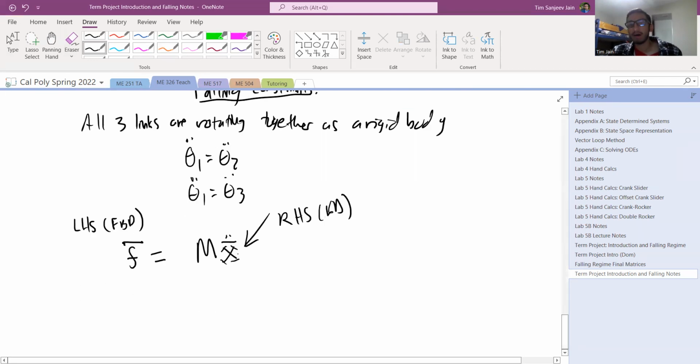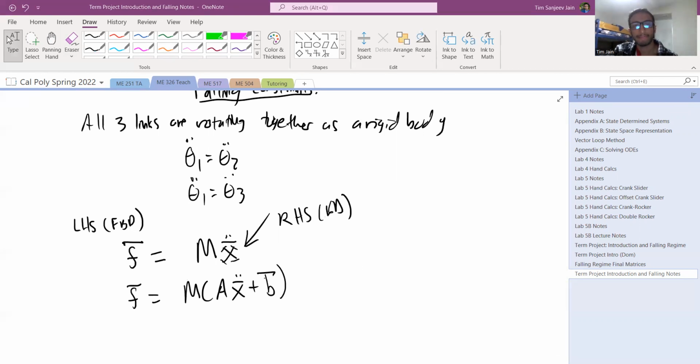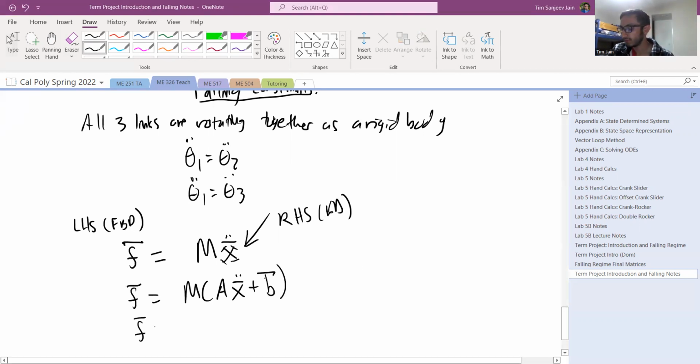So what we want to do is expand chi double dot out to include X double dot. So F is equal to M times A X double dot plus B. Thus F is equal to M times A X double dot plus M times B.